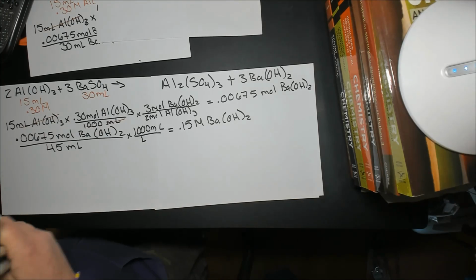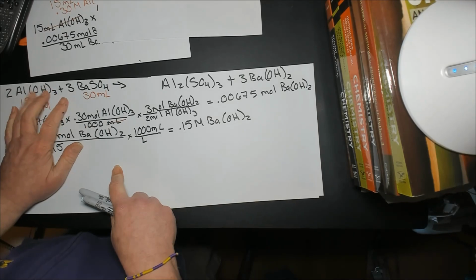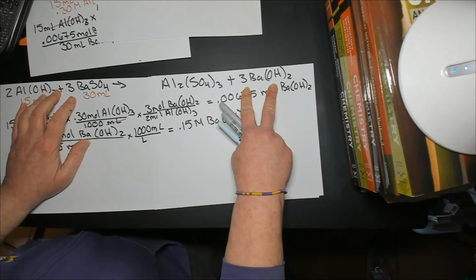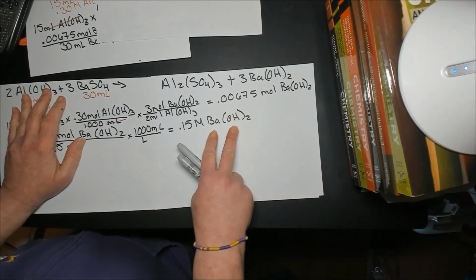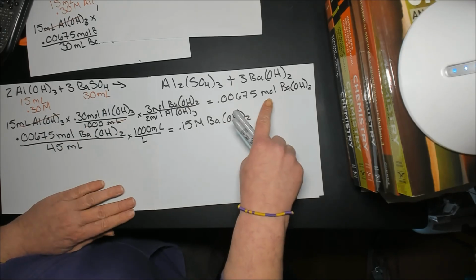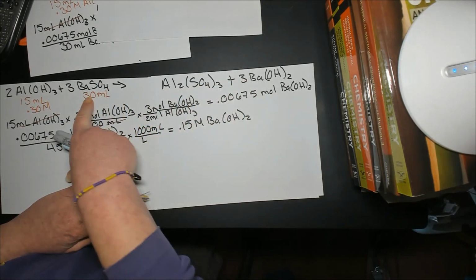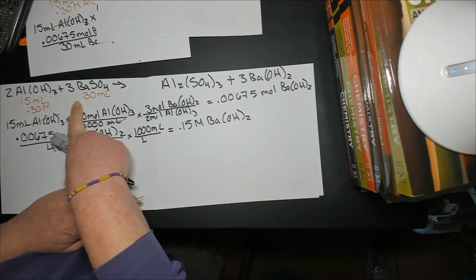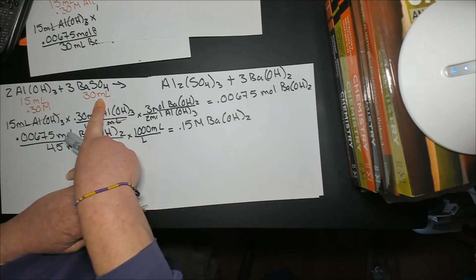So we have related our products to each other, our reactants to each other, and one of the reactants to the product. And I could turn around and do the same thing here with my mole-to-mole ratio, going from my moles of BaOH2 to figure out how many moles of BaSO4 I have, and then put that in that 30 milliliters of volume to figure out its molarity.